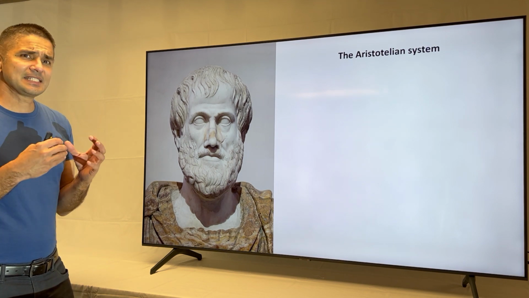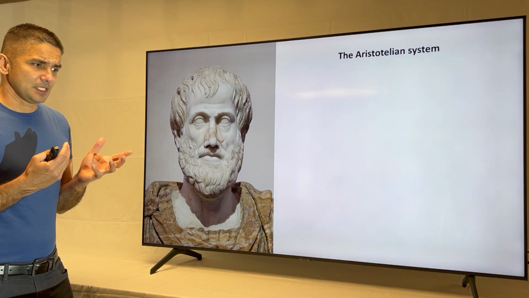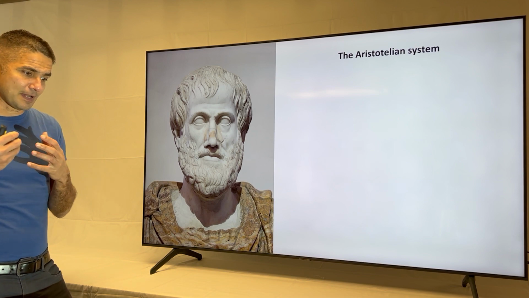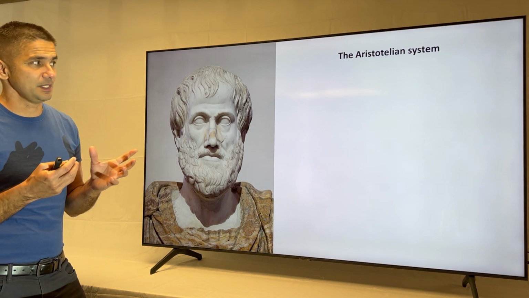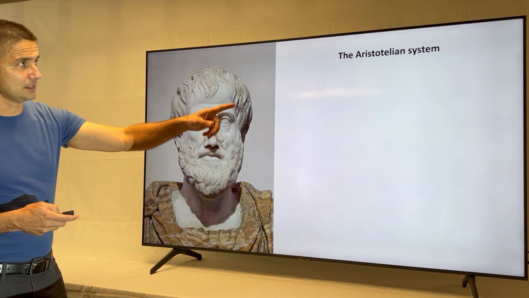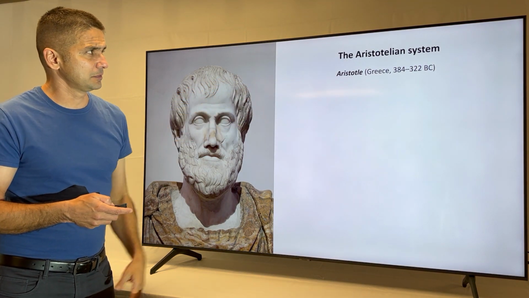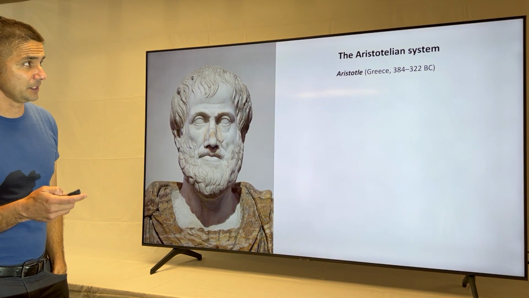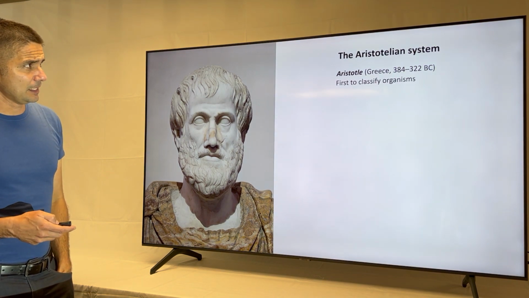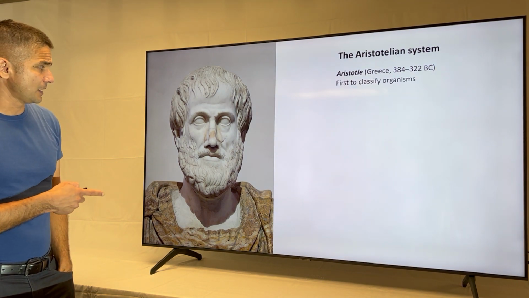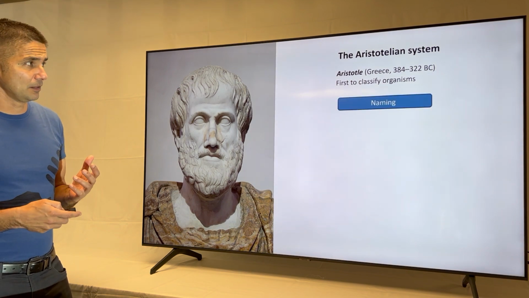This idea of classifying a species is not new, and in fact, the first record of us ever trying to classify the species came from this guy called Aristotle that came out with what is called the Aristotelian system. It was, again, 300 years before Christ, 400 years before Christ, and basically, again, this one guy was the first one to try to classify organisms.